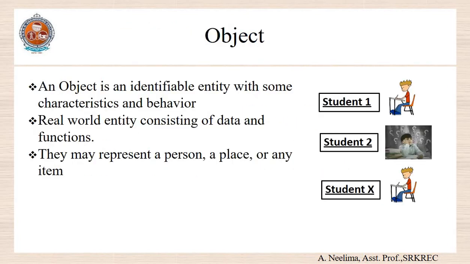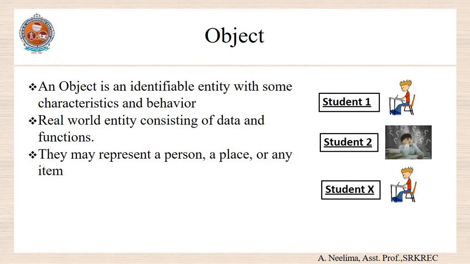An object is an identifiable entity with some characteristics and behavior. An object is an instance of a class. When a class is defined, no memory is allocated, but when it is instantiated, that is, an object is created, memory is allocated.